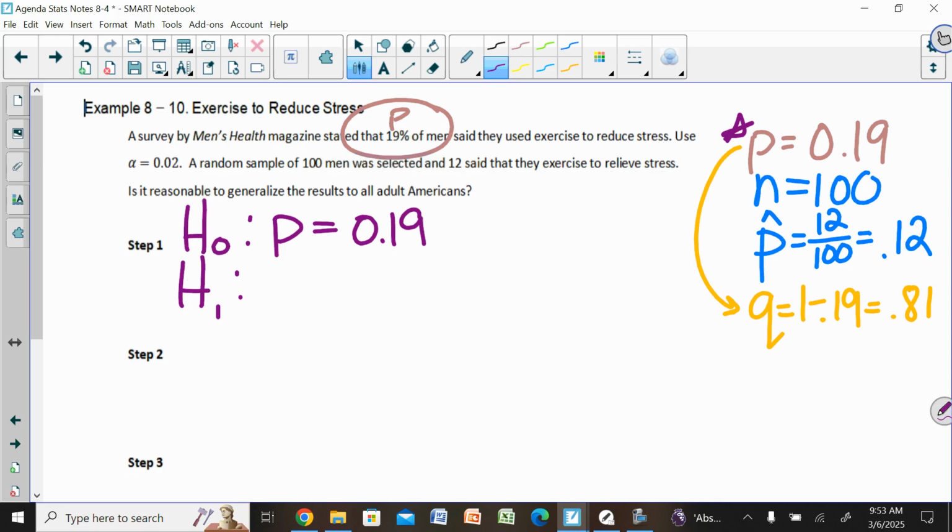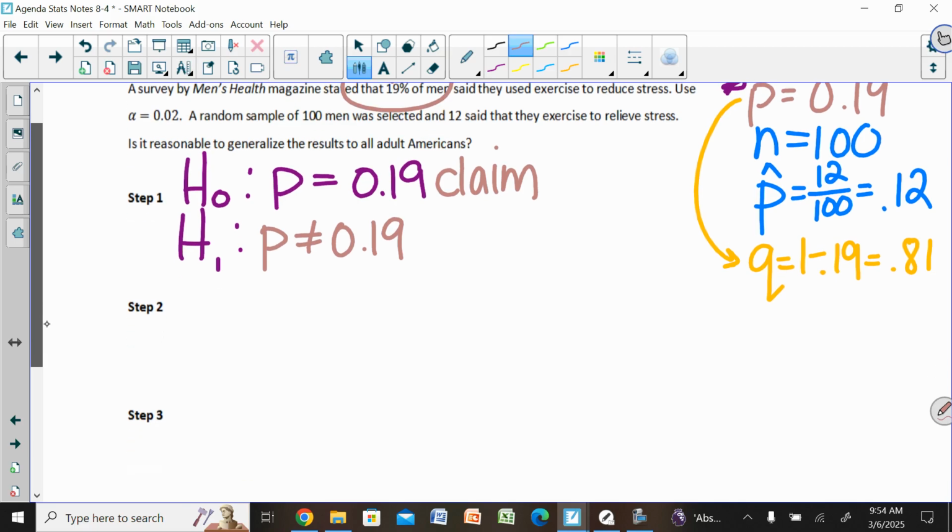It just says, is it reasonable to generalize? So do we think that this is true? Are we going to generalize that 19% to all people based on our sample data? So that means I'm just going to do a two-tailed test here. Z-tests for proportions aren't always two-tailed. These two just happen to be.